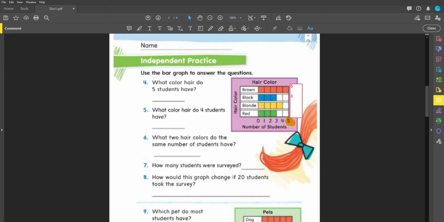What about the blonde? 1, 2, 3, 4, and also you can reach just down. What about the red? 3 also. So, what color hair do 5 students have? We can see here brown. So, we're going to write brown.